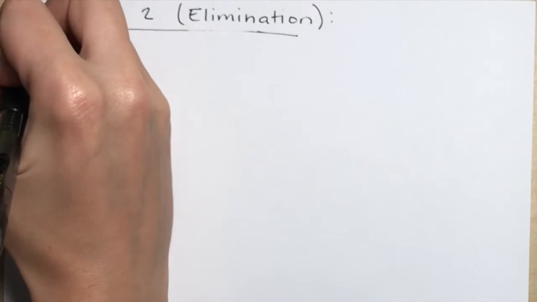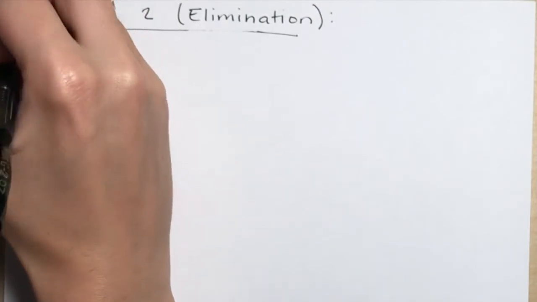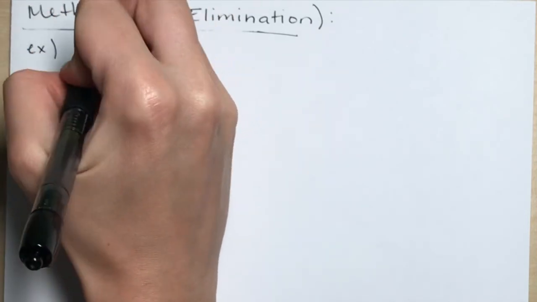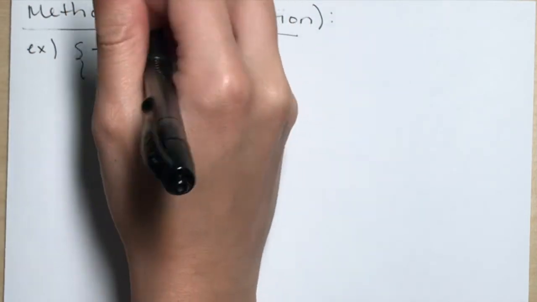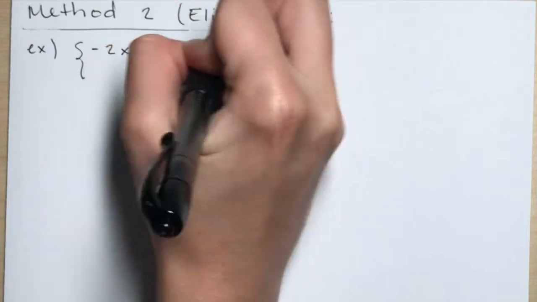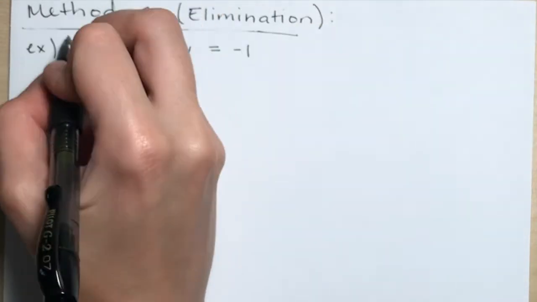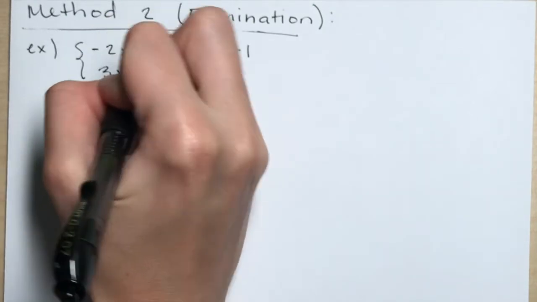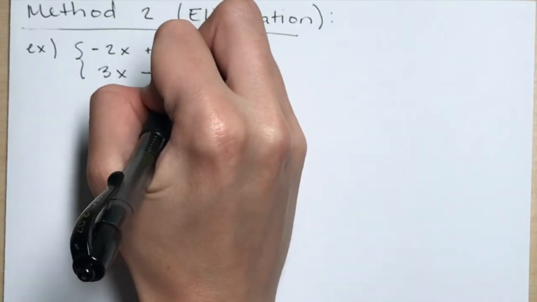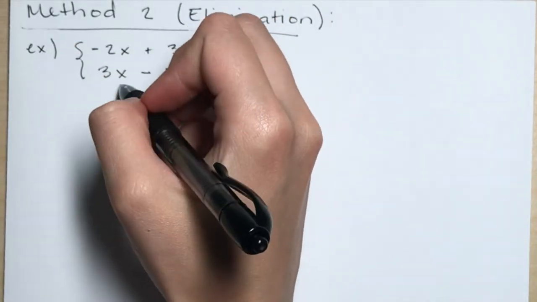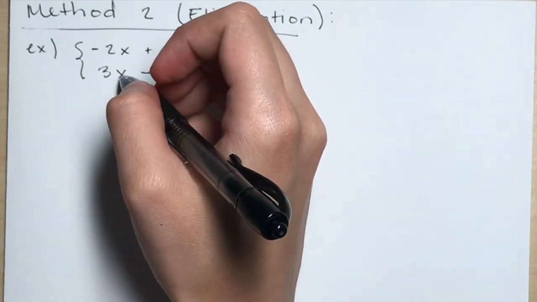All right, let's look at a couple more examples of this. Example 1, let's say we have -2x + 3y = -1 and 3x - 4y = 2. We've got to get equal coefficients with opposite signs.